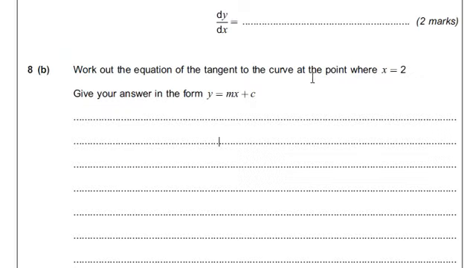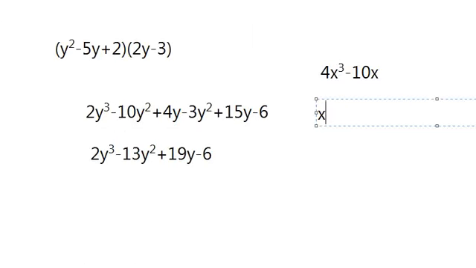Now you have to work out the tangent of the curve, and I have a whole video about this question, so if you don't know how to do it, watch that video. So if x is equal to 2, I believe.